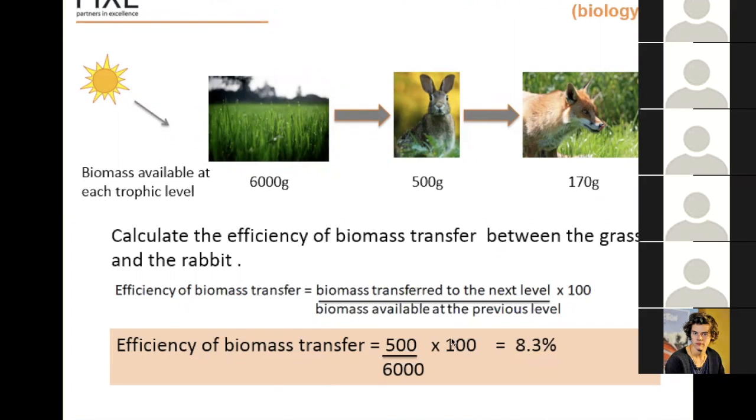Can you all just work out the efficiency for me, please, between the rabbit and the fox using that? Just very easy this morning, that one. Just plug the numbers into the equation, folks, and work it out.